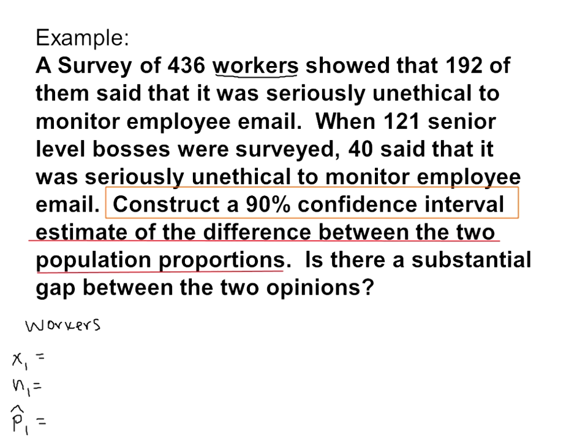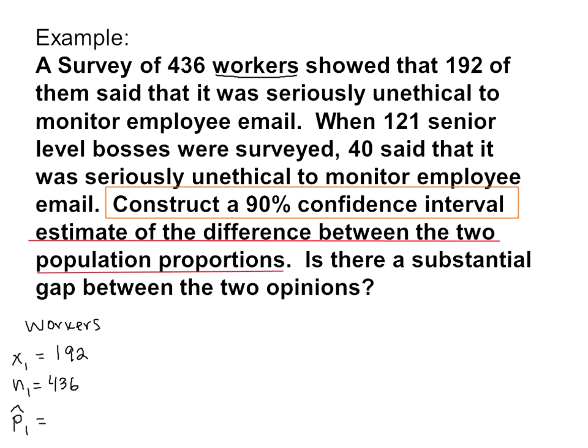Okay, so the question says, a survey of 436 workers showed that 192 of them said that it was seriously unethical to monitor employee email. So 436 is our sample size, and from that sample, 192 say that it's unethical to monitor employee email.